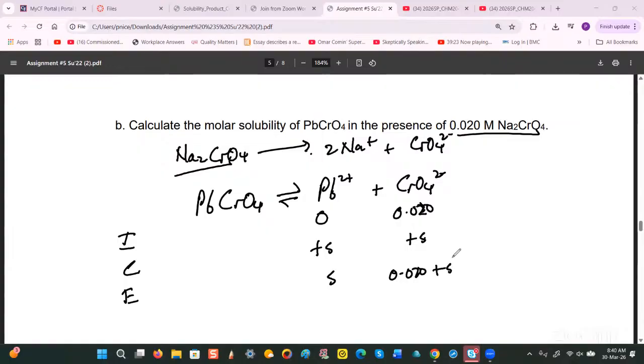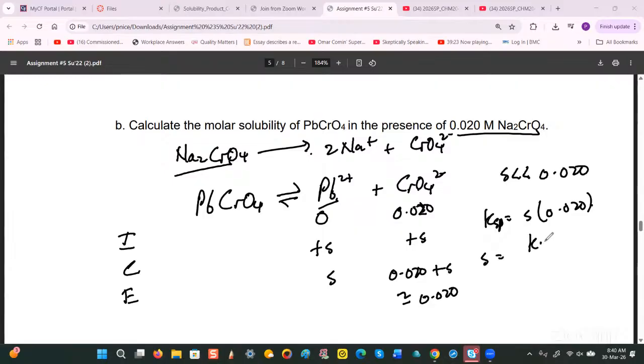Now, because we're dealing with something that is sparingly soluble, we can assume that S is much less than 0.020, which means that this simplifies to 0.020, right? And therefore, we can write that KSP is equal to S, which is the concentration of the lead 2 plus, times 0.020. Therefore we can solve for S, which is KSP divided by 0.020.